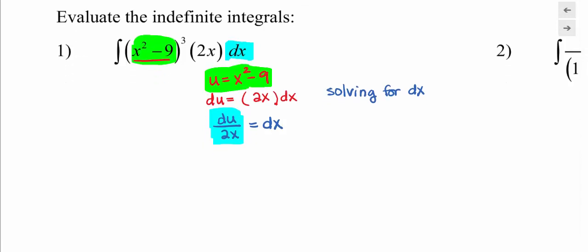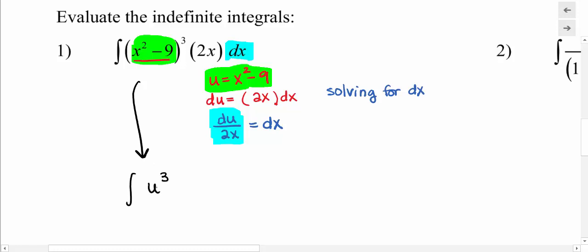So what my antiderivative will look like now is really u cubed. The 2x was just kind of hanging out. Notice I didn't highlight it green or blue because it was just a part of my original problem, just like the cubing was. And then the dx, which is really du over 2x.